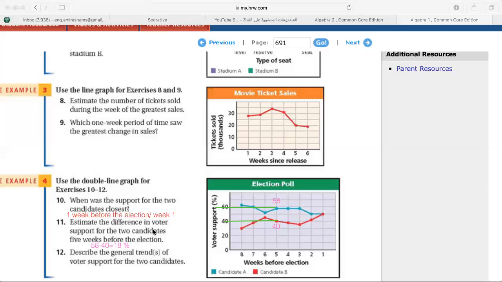I have never seen the red line exceeding the blue line. So this means that the blue line in this double line graph is always higher, which means that candidate A's voter support increased more than candidate B's. Or I can say that support for candidate B generally increased. No, generally for candidate A.